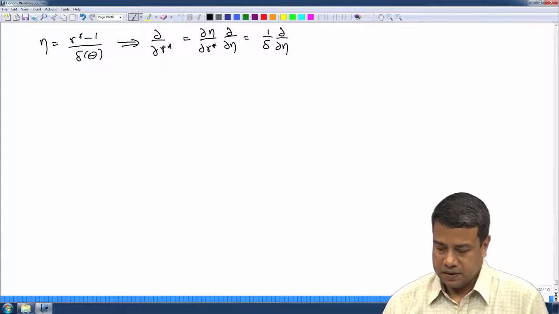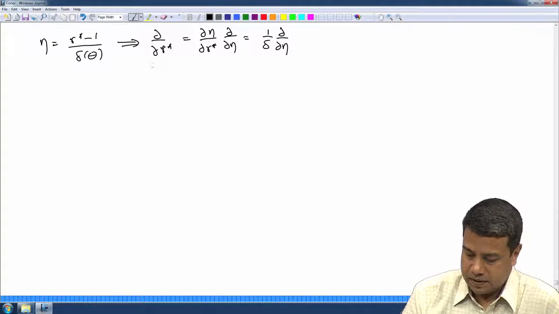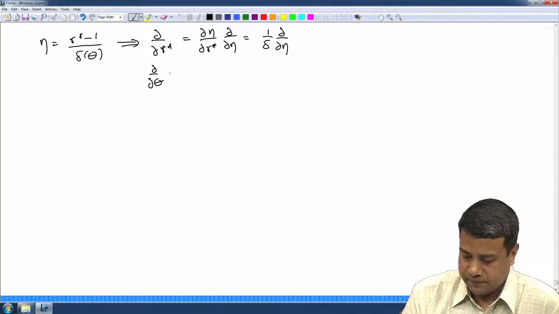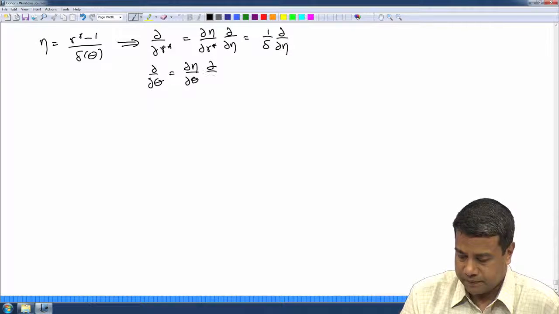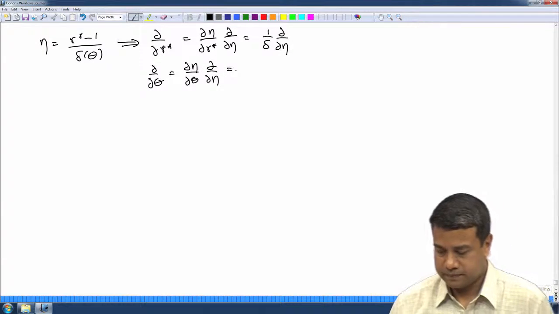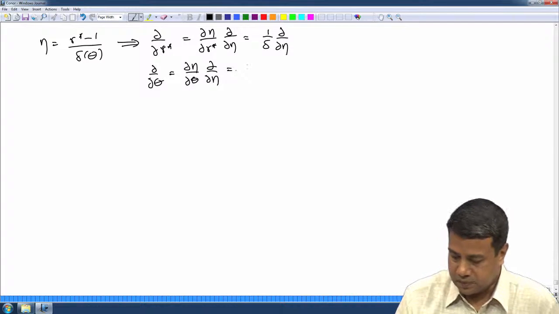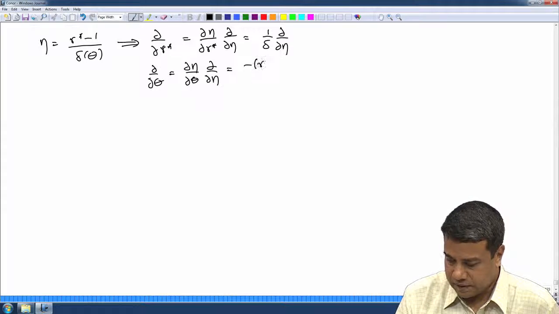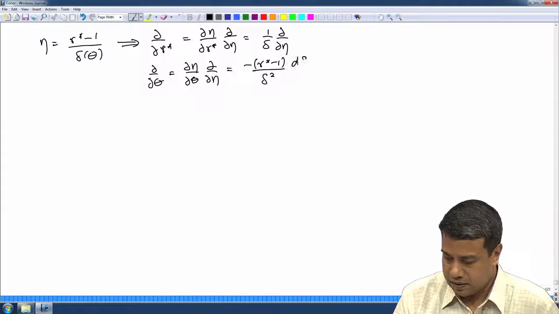Similarly, partial by partial theta is equal to partial eta by partial theta, which is equal to minus of r star minus 1 by delta square d delta by d theta.